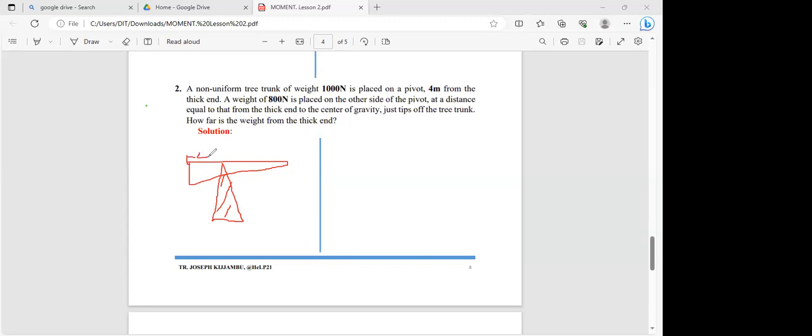So we have 4 meters. So they are telling us that we have 800 newtons placed at the other end of the pivot, a distance equal to that from the thick end to the center of gravity.